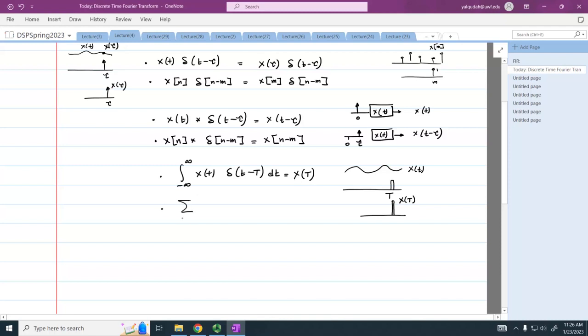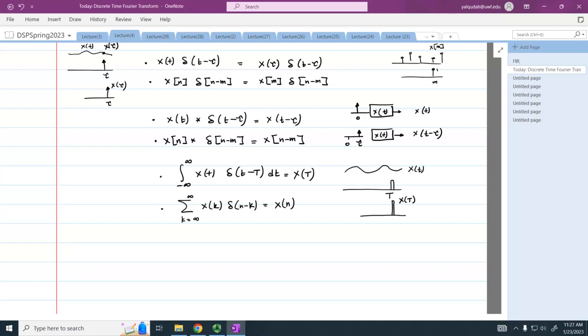Okay, if I take the summation from k equal negative infinity of x of k delta of n minus k, similar to the continuous time, it's going to equal x of n.